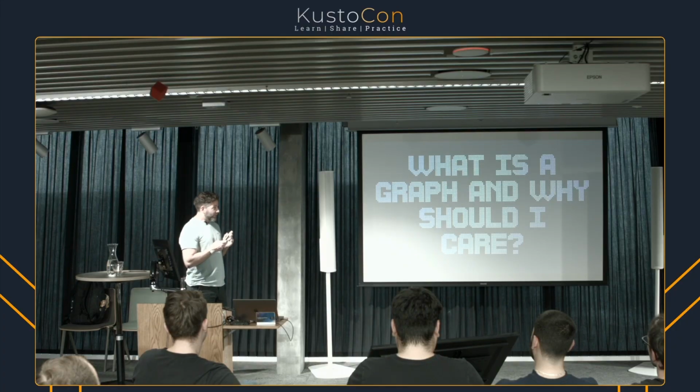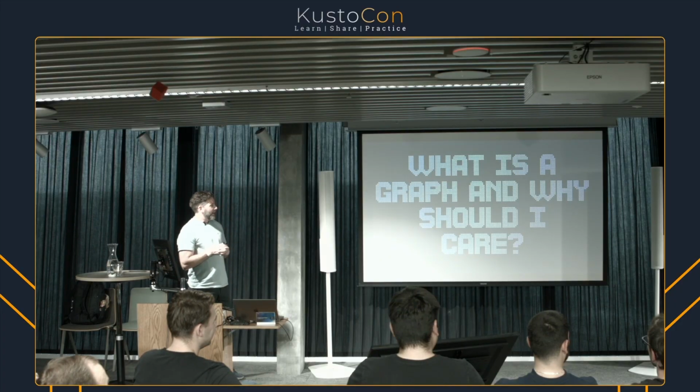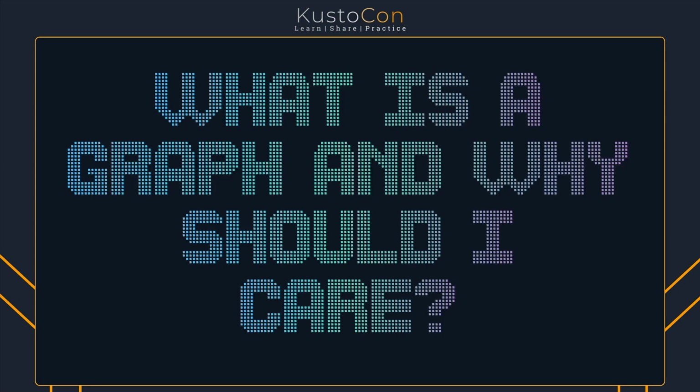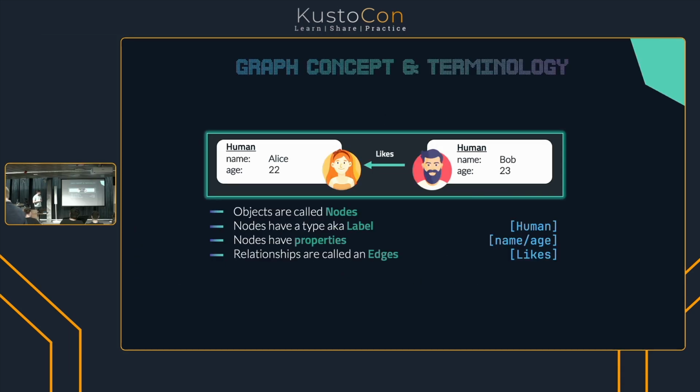So I'm going to talk about graph again. I think it was introduced by Henning already. There he is. I'll briefly explain what graph is and why you may care. I start off with a simple example. There's a couple of names that you need to remember. An object in a graph is called a node.